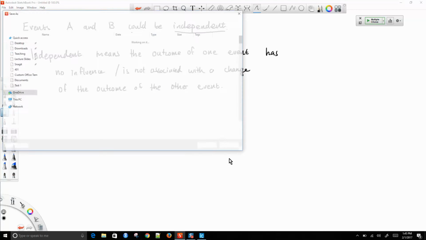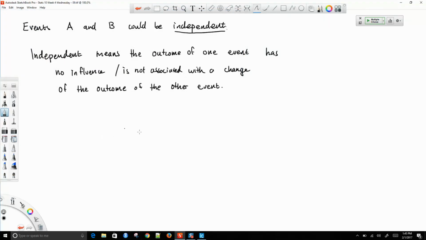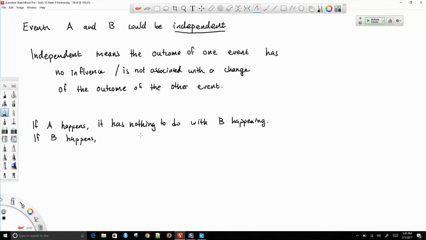So it means that if A happens, it has nothing to do with whether B happens, okay? And vice versa. If B happens, it has nothing to do with A happening. That's what it means to say A and B are independent.